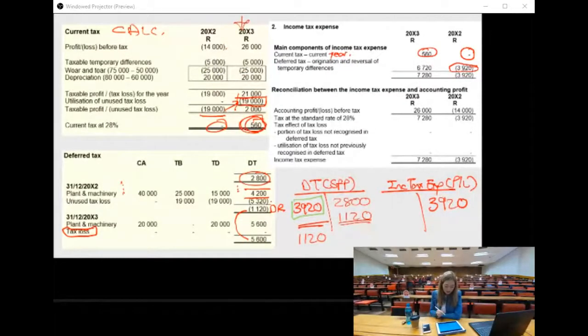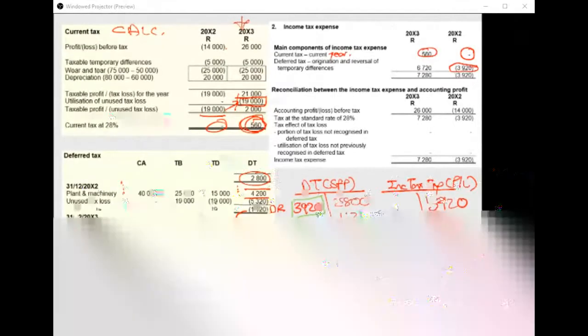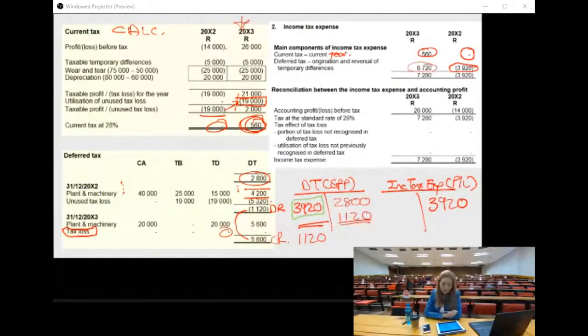We've utilized the full amount. So therefore, there's nothing for my unused tax loss for 20x3. So now the movement from a debit balance 1120 to a credit balance 5,600 will be the 6720 in 20x3.